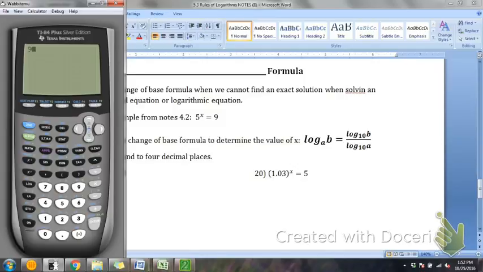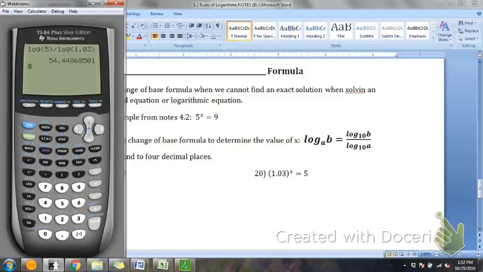Okay, so if you do log of 5 divided by log of 1.03, make sure that you've closed your parentheses. Look at the way that mine is on my calculator. Log of 5, close your parenthesis, divided by log of 1.03.